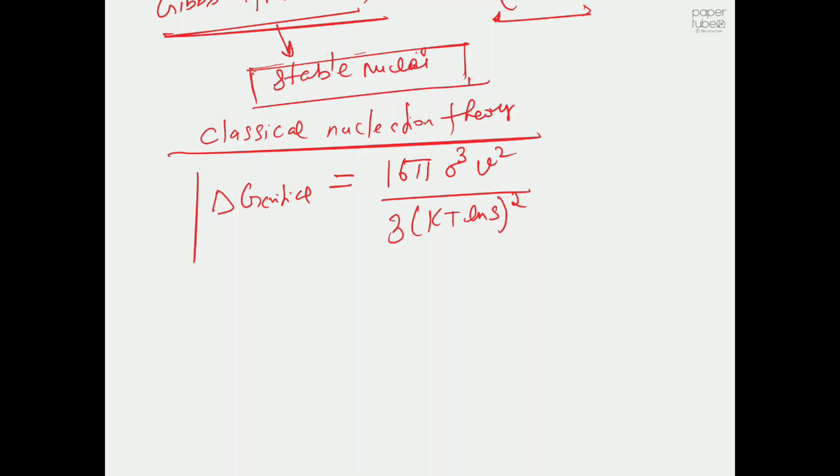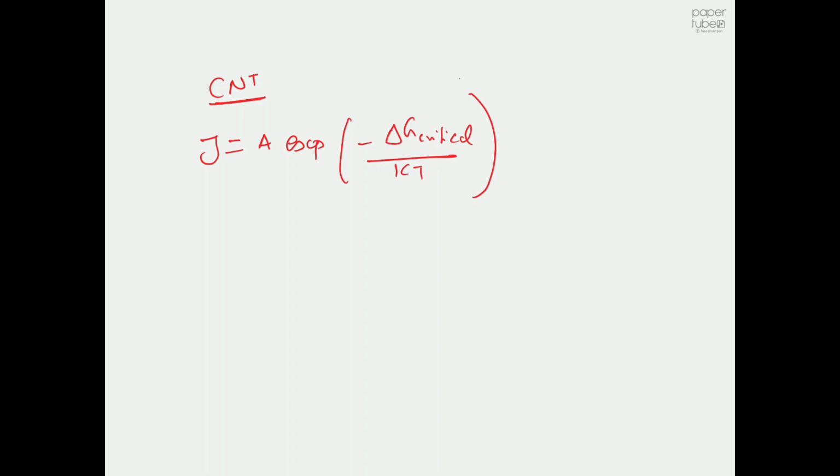So this is the critical free energy. You already know what that is. And then we already discussed the classical nucleation theory, CNT. So J is equal to A exponential of minus delta G critical divided by kT. So this is your classical nucleation theory.